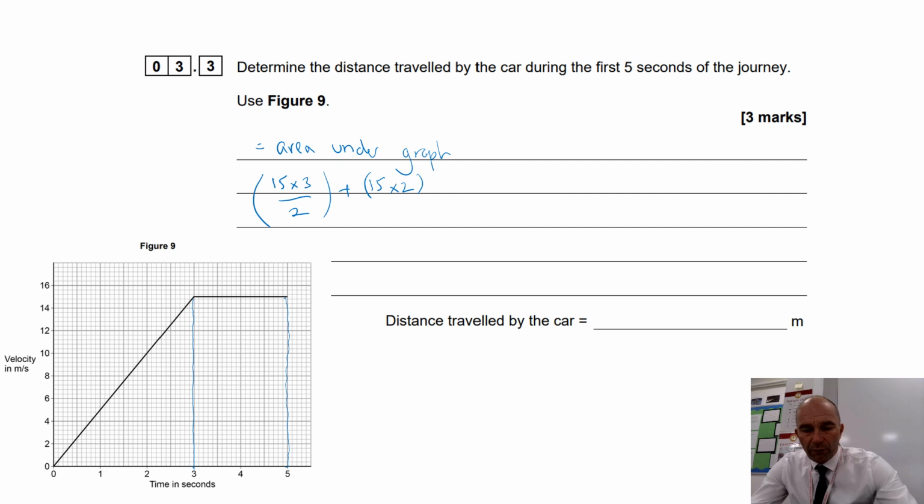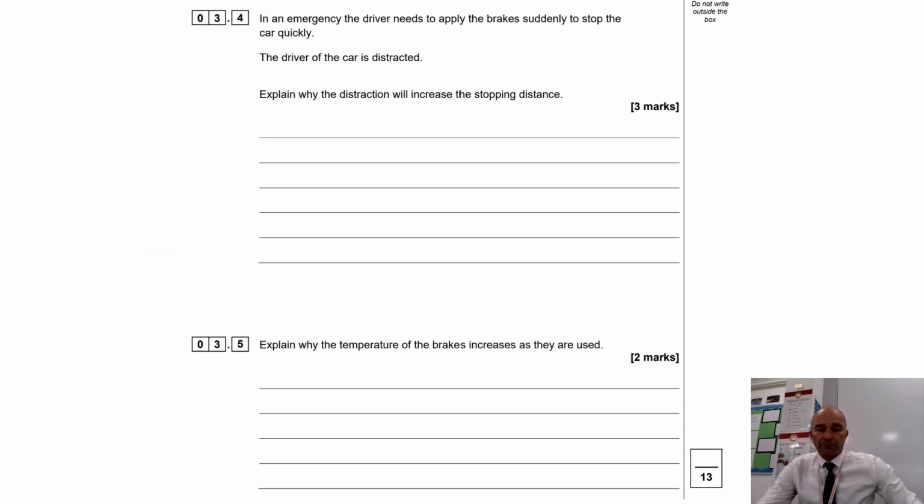And that ends up being 22.5 plus 30. Add those together and you get the total distance travelled, which is 52.5 metres. 3 marks for that, which again, as long as you remember it's the area under the graph, I'd say there's relatively straightforward marks to get.